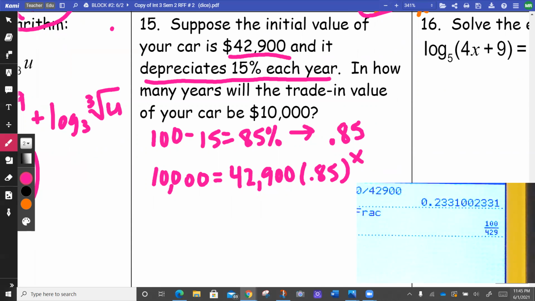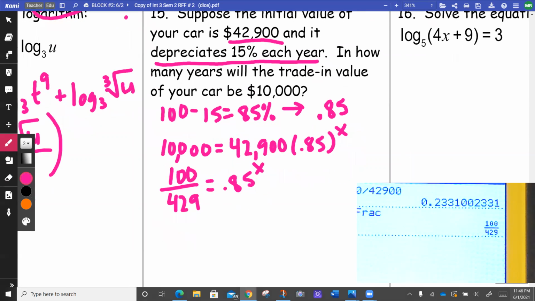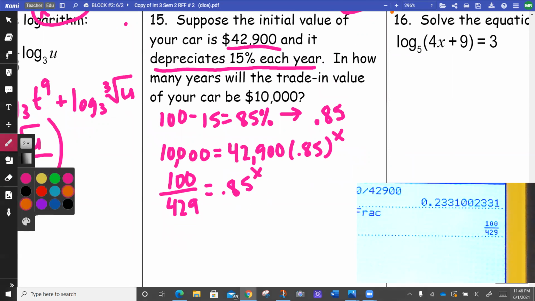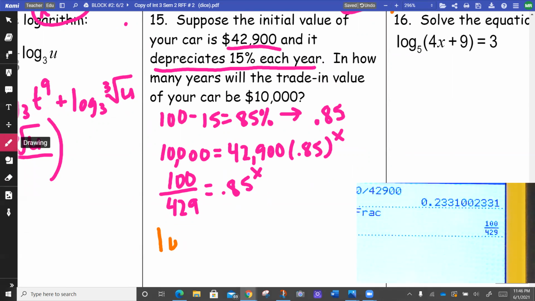So 100 over 429. I'm just going to keep it as 100 over 429 is equal to 0.85 to the x. I'm going to rewrite it in logarithmic form. So this is going to be log base 0.85 of 100 over 429 equals x.